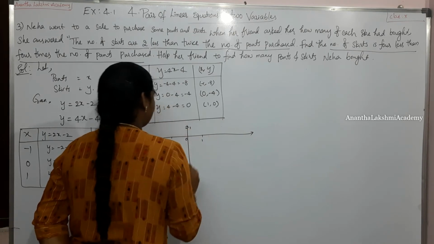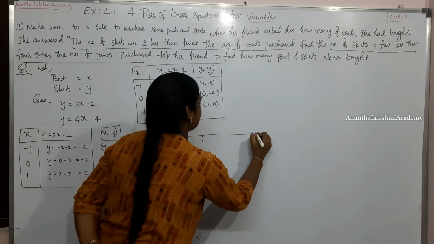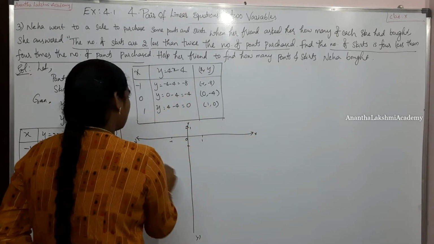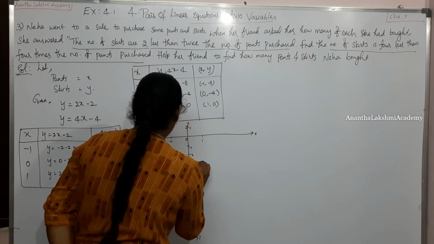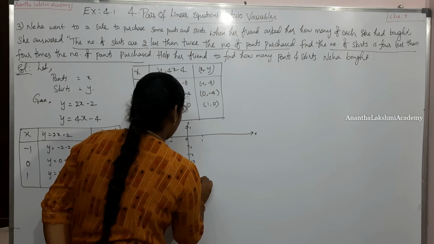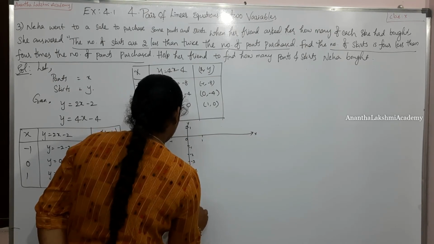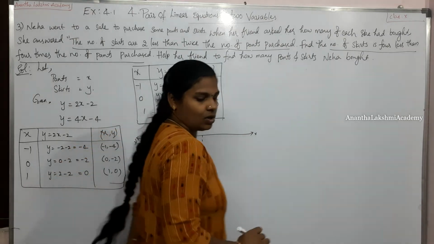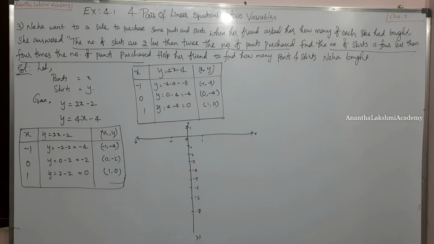Here I have 1, y, y dash, x, x dash. Minus 1, minus 2, minus 3, minus 4, minus 5, minus 6, minus 7 and minus 8. Is minus 8 visible on the board?